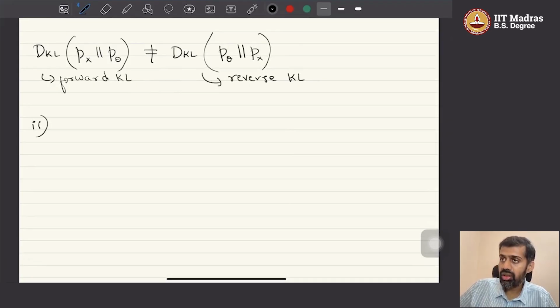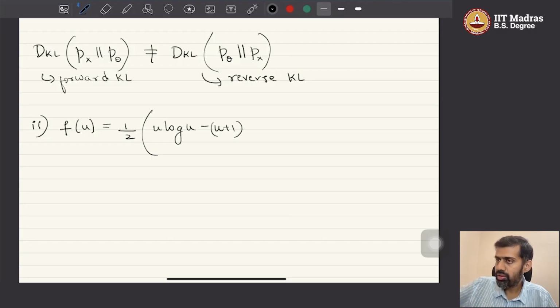The other example could be where the f function is given by half times u log u minus u plus 1 log of u plus 1 over 2. If you choose f this way, then the corresponding f-Divergence is called the Jensen-Shannon divergence, or JS divergence.